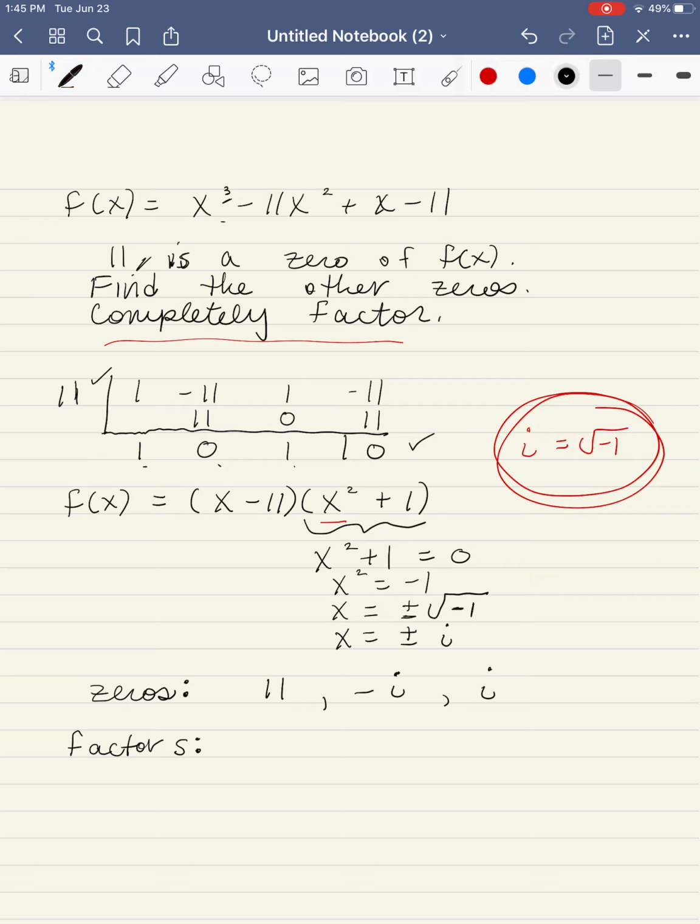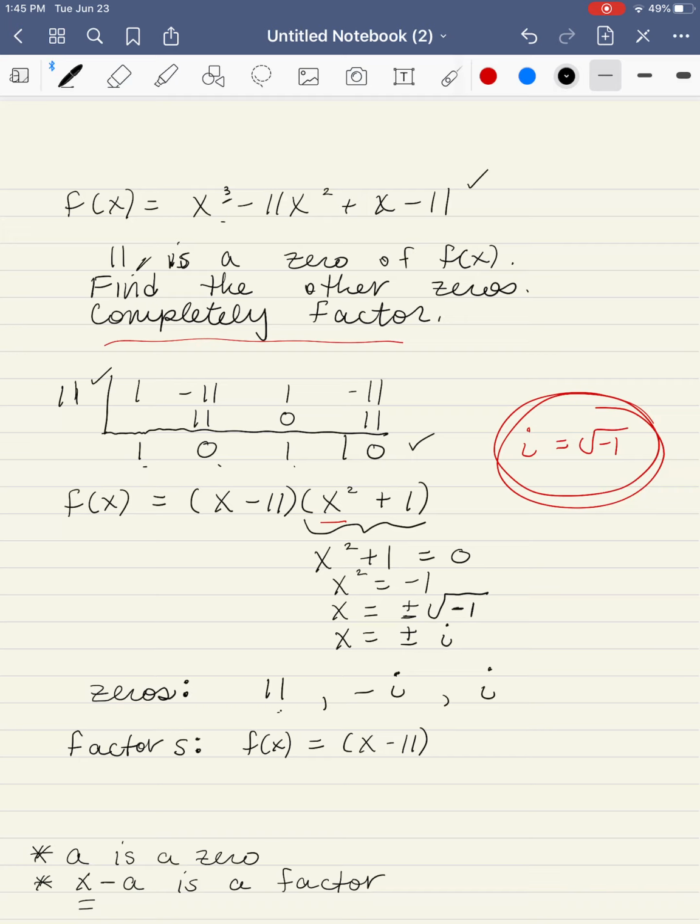What if I wanted to backtrack and find the factors? Because that was the second thing I was asked to do here, to completely factor. Well, we know that if a is a 0, then x minus a is a factor. It has to have those x's in there so that when I multiply those together, I get the polynomial. That's what it means to be a factor.